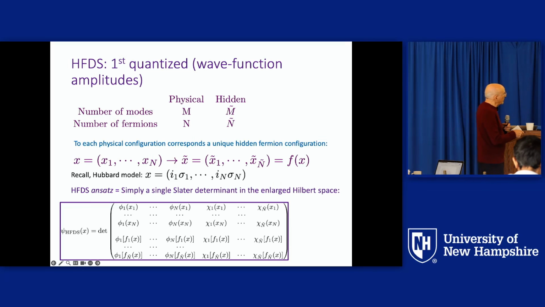The amplitude of the wave function is just given by a single determinant of a bunch of orbitals, and the upper block here is in the physical sector, this is the hidden sector, so there is a physical, hidden physical, hidden sector, and everything that refers to the quantum numbers of the hidden fermions was parameterized by a neural network.